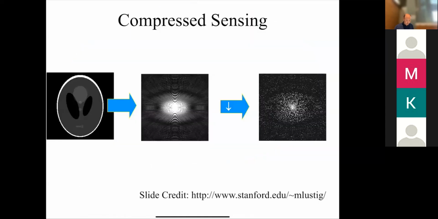Okay. So let's look at compressed sensing. Compressed sensing has a very interesting history. Once again, the first paper applying it to MRI was by Mickey Lustig when he was a grad student at Stanford. Again, in science, a lot of the advances come from the intersection of two fields.